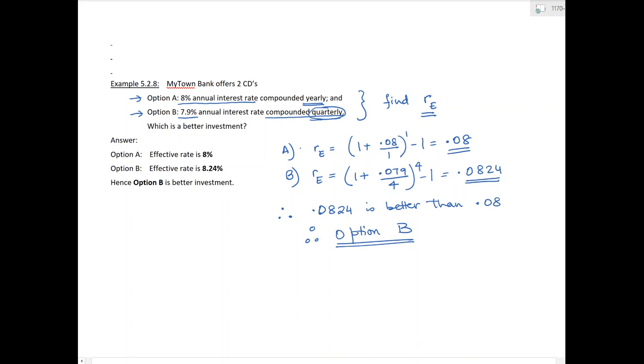You would invest in option B. So the point here is that although the nominal rate of option B is 7.9% and option A was 8%, so it seemed like option B is inferior, but because of more frequent compounding, quarterly compounding, the effective interest actually comes out to be 8.24%. So that's better.